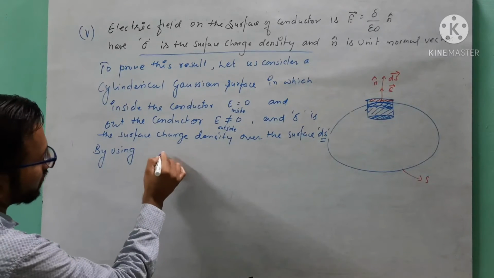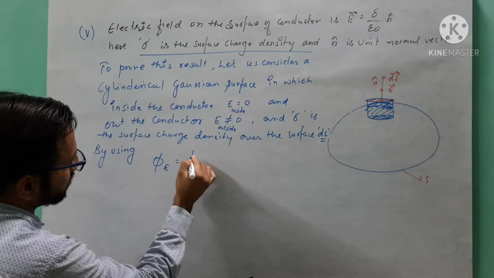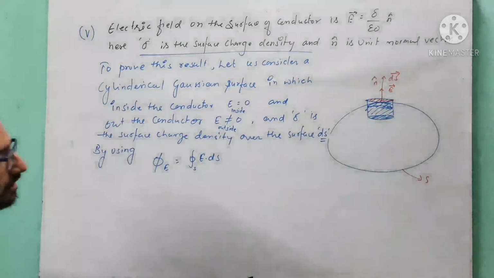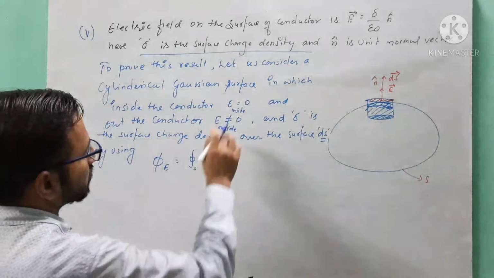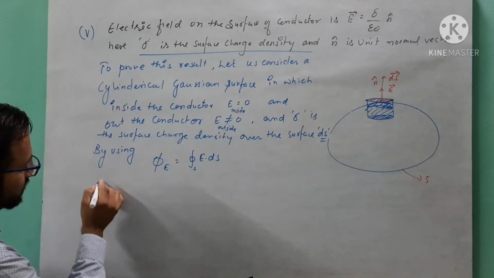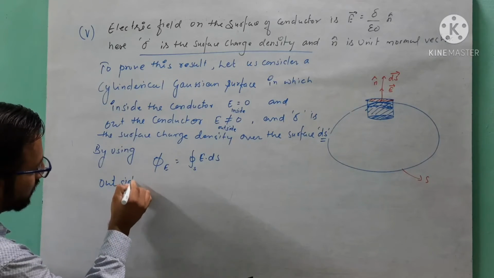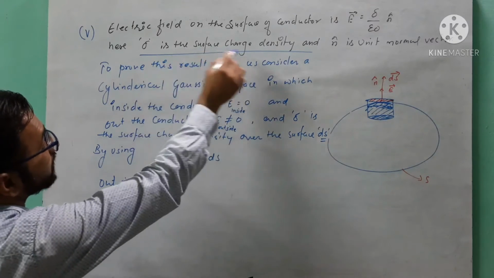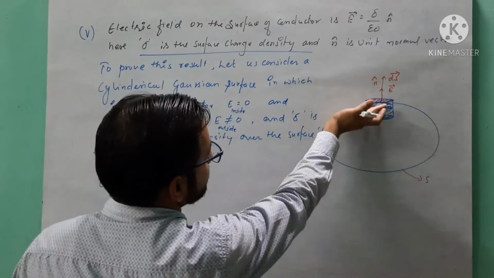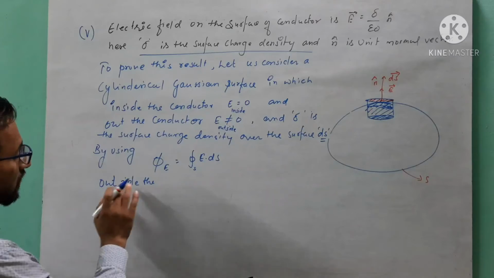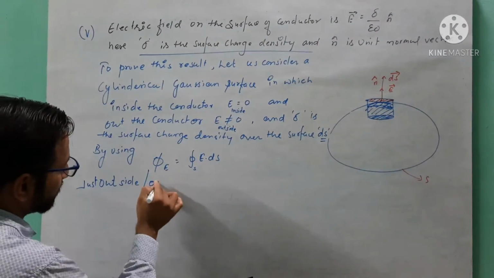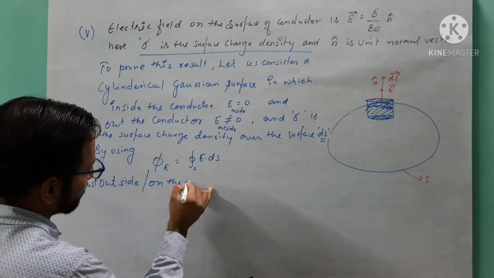So by using Gauss theorem, phi E is equal to the surface integral of E ds, we know very well, and as we are talking about the outside region, meaning just outside the surface, or you can say on the surface.